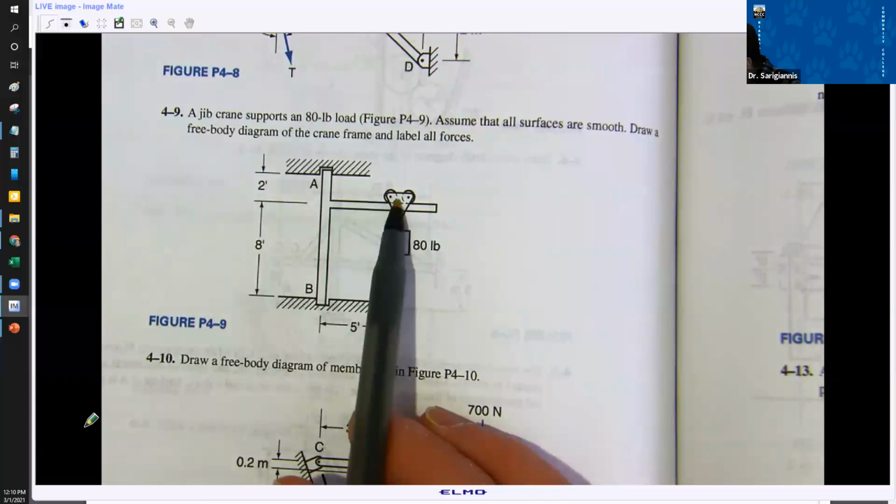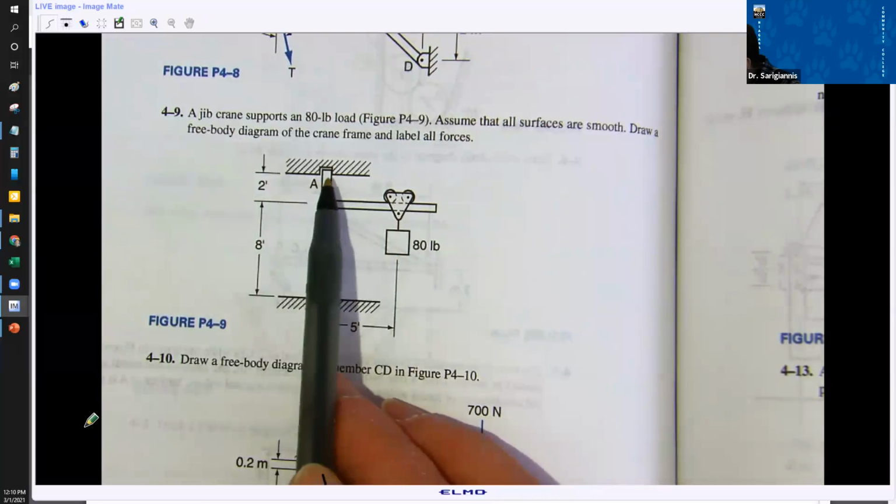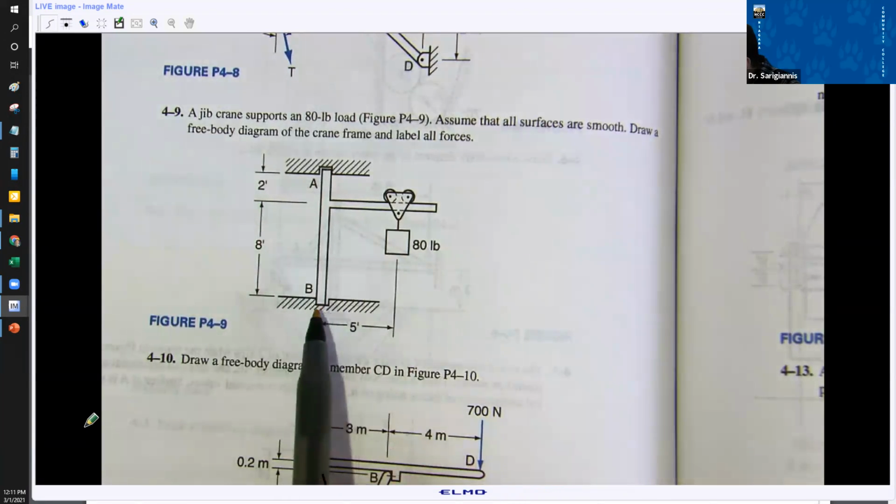The 80-pound force downward is pretty obvious. Let's start with B. At B, obviously you have a reaction force from the ground acting upward. The other thing to notice is there's going to be some wall in the x direction that keeps B in place from moving back and forth.